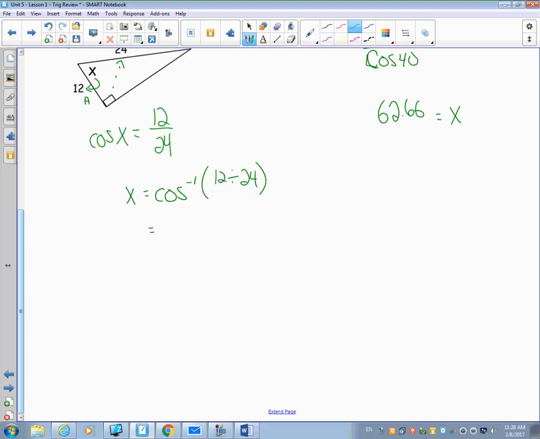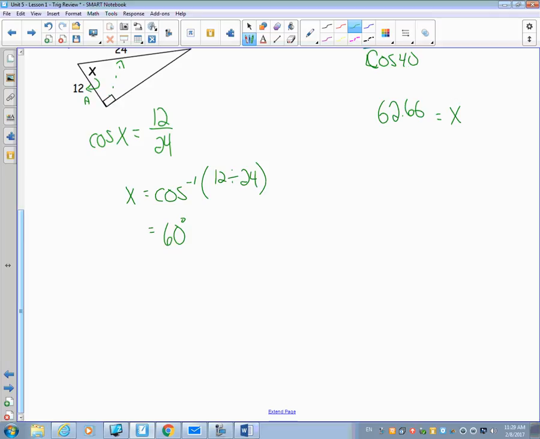Now this is a nice one, 0.5, but if it wasn't a nice one, you're going to use brackets and use your dividing sign in your calculator, and it'll do the work for you. I got 60 degrees is my angle. The only 3 questions we can do with SOHCAHTOA are those 3. Those will be something maybe on a learning goal sheet to remind yourselves of how they work.